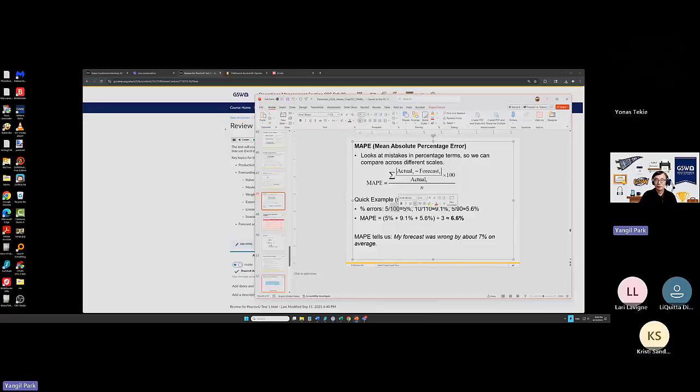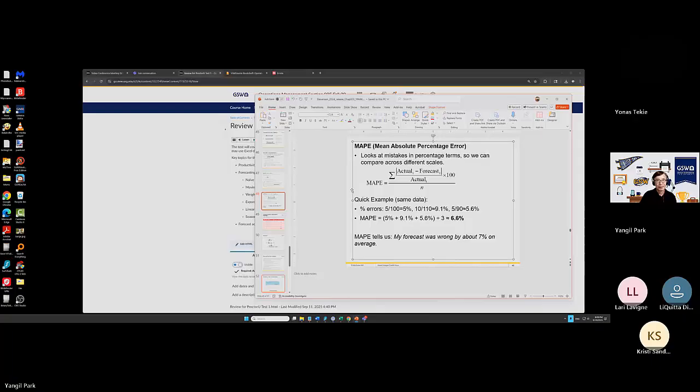The same thing, then you find percentage errors for each item, then you divide by n, and you get the average percentage, which is 6.6. So we can interpret that our forecast was off by about 7% on average, because this is the average of those error terms.